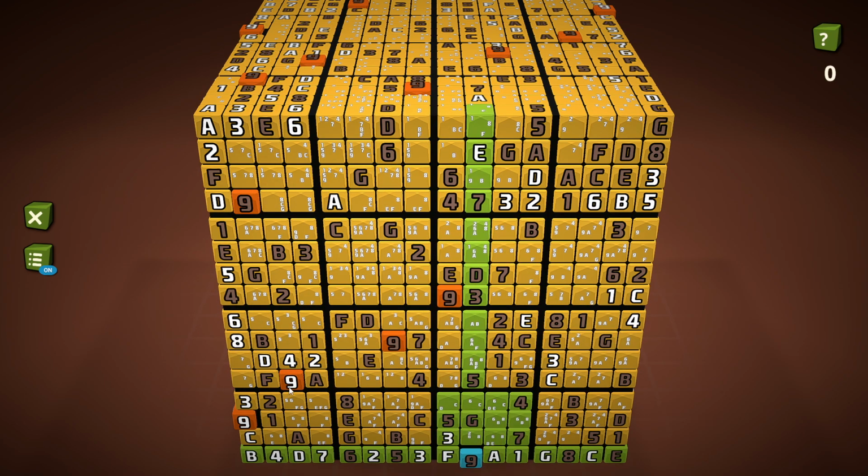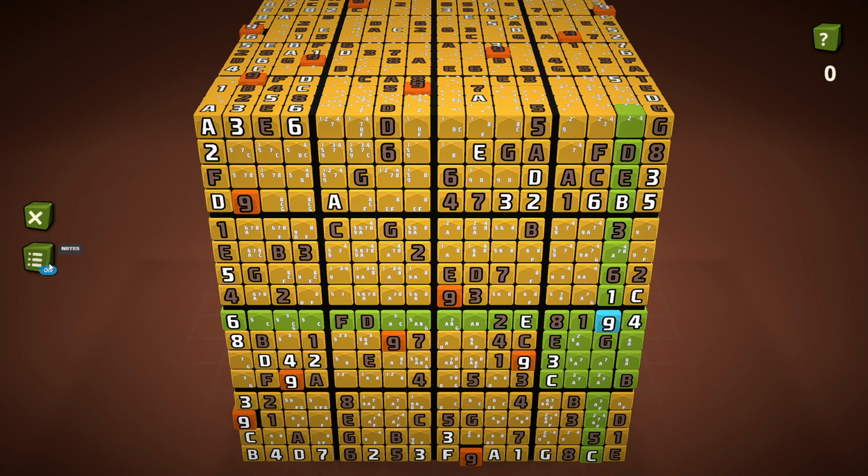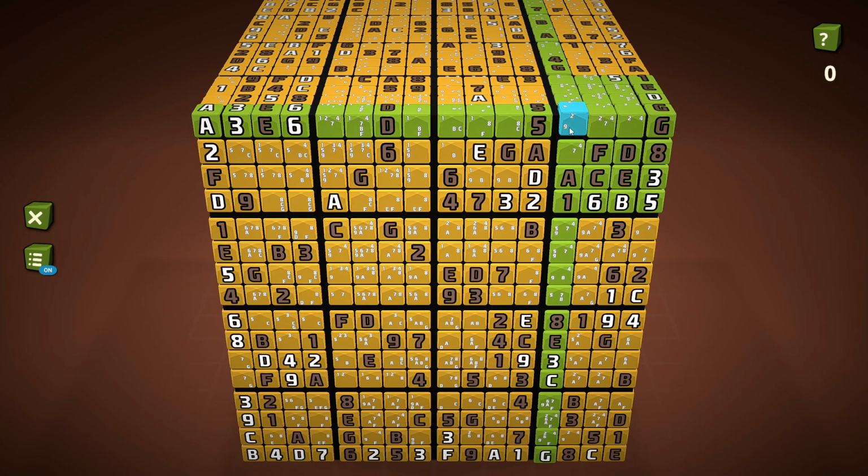Aha! So those two columns can't be 9s, and the bottom one can't be a 9. Here, look, we have another 9! And if we look, can't be a 9, can't be a 9, can't be a 9. So this one is then the 9. Oh yeah, can't be a 9 for all the reasons we've established.